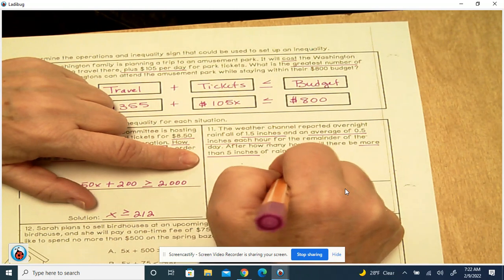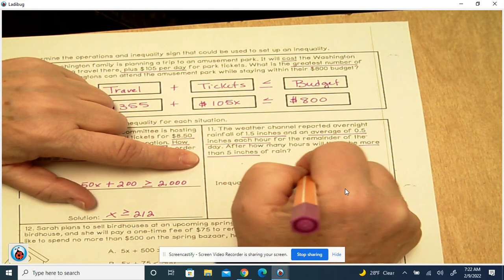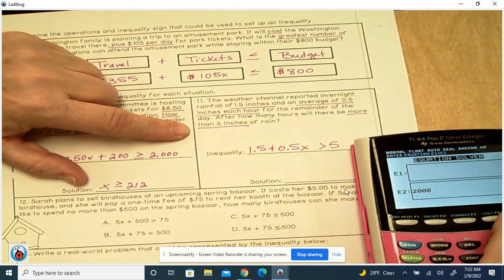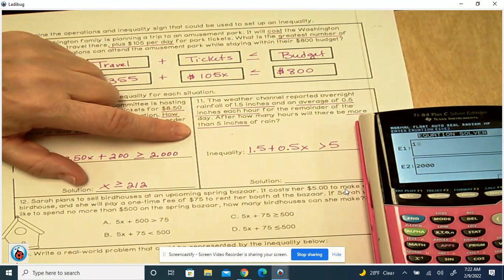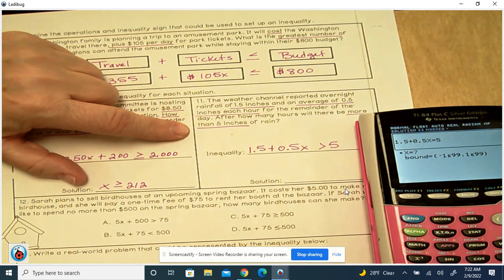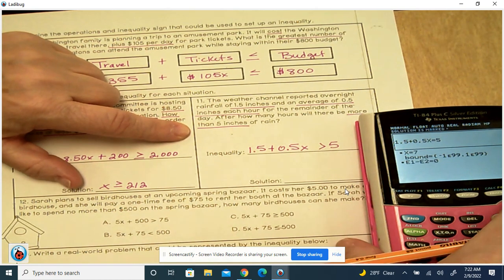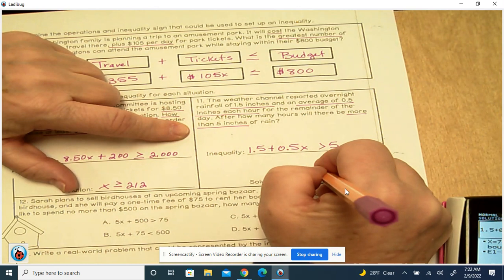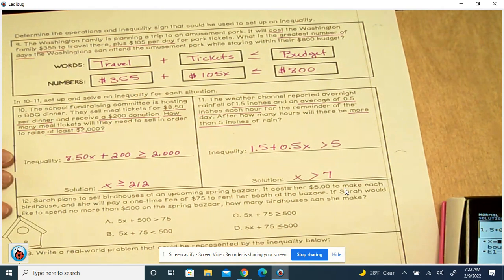And then it says per hour, so that's the 0.5x. So if we put this here where we can see it, 1.5 plus 0.5x, and then come down to 5, enter, alpha, enter, and we get 7. So that makes x is greater than 7.